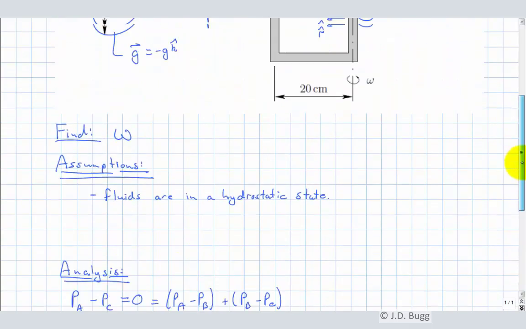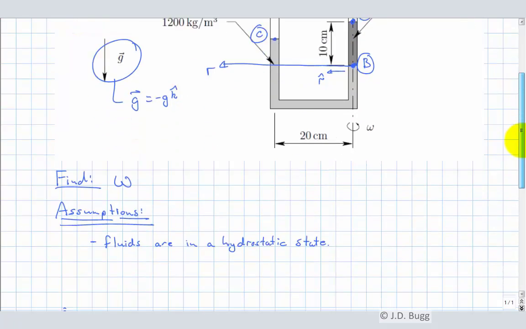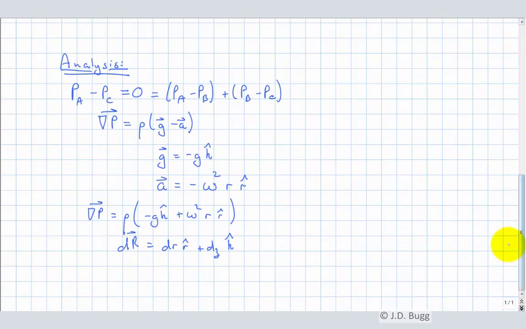So as we move around, either up and down or left to right in here, we're either moving in the Z direction or in the R direction. So as we move through this fluid, our dr is always going to be dr r hat plus dz k hat. If we're moving up and down, this will be 0. If we're moving left and right, this will be 0. But this is always going to account for any motion in the RZ plane. So that's our dr.